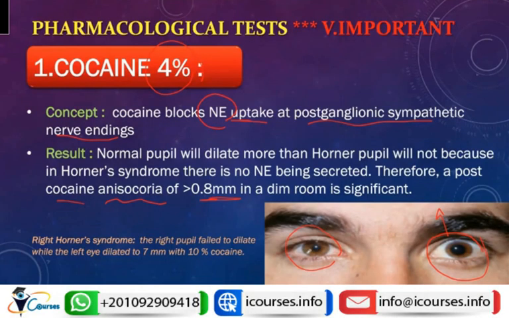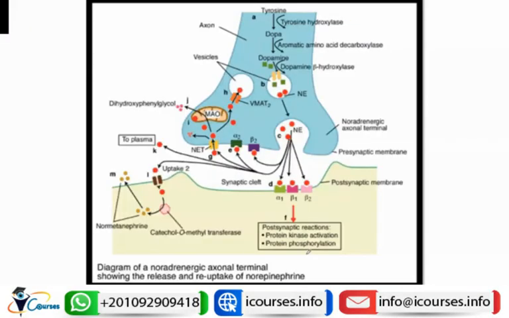If you find this confusing, let me first tell you what the pathway for the neurotransmitters is. Let's suppose that this is the nerve of the long ciliary nerve, which supplies the iris, and this is the dilator pupillae muscle.